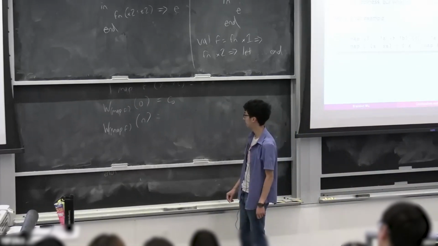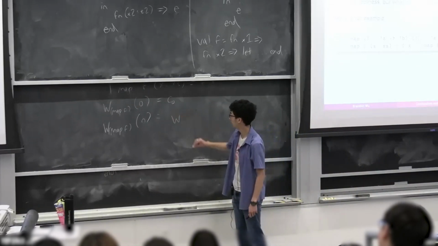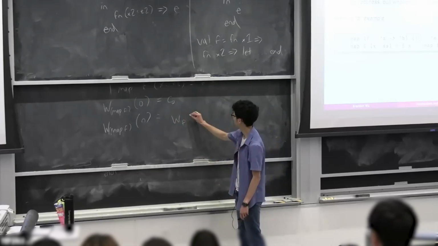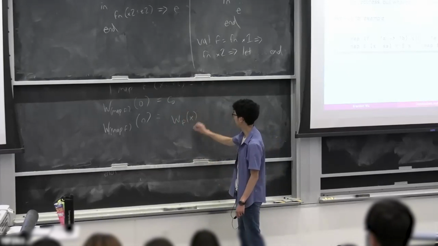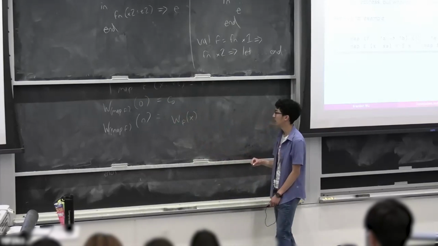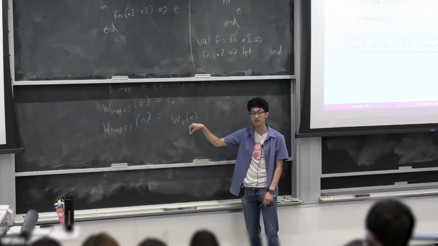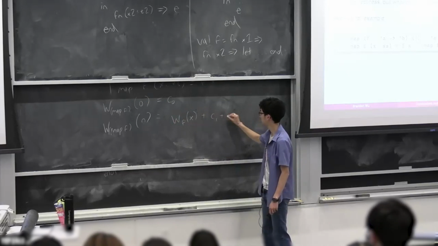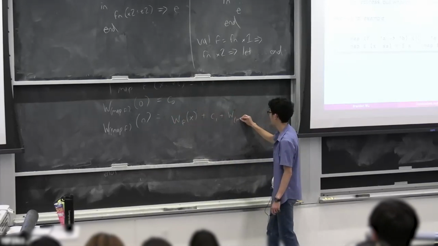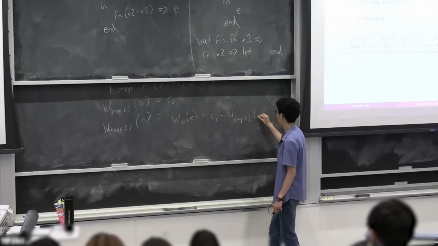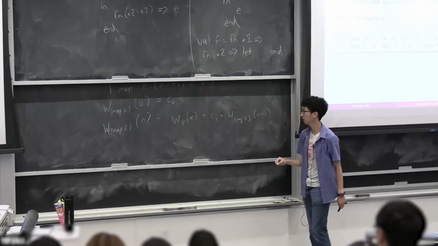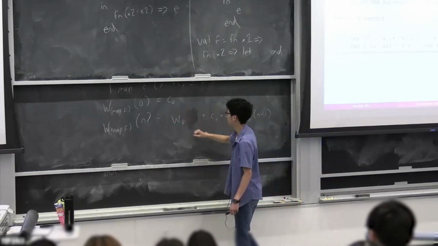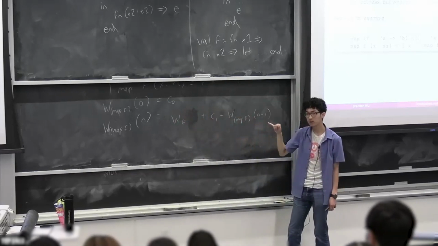Well, I'm going to do this. Work of f, given, let's say, the work of f on the input x, plus C1 plus work of map f on n minus 1. Actually, I don't like this. I'm going to say the work of f. Here's the idea.